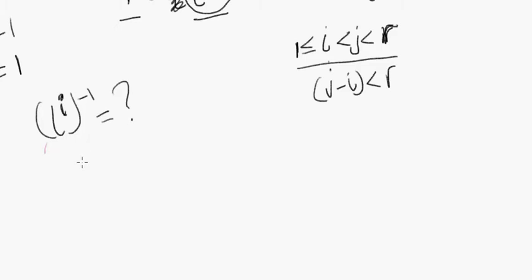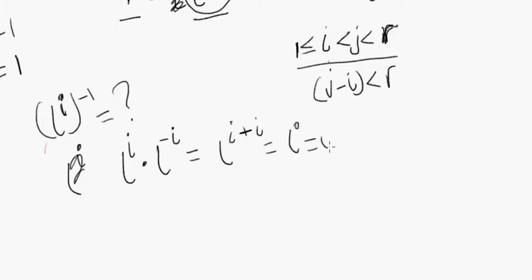Could you guess such a number? What do you think you're going to multiply by L to the I in order to give us the identity? How about L to the negative I? Well, sure, what would that give us? L to the I minus I, which equals L to the 0, which equals 1.